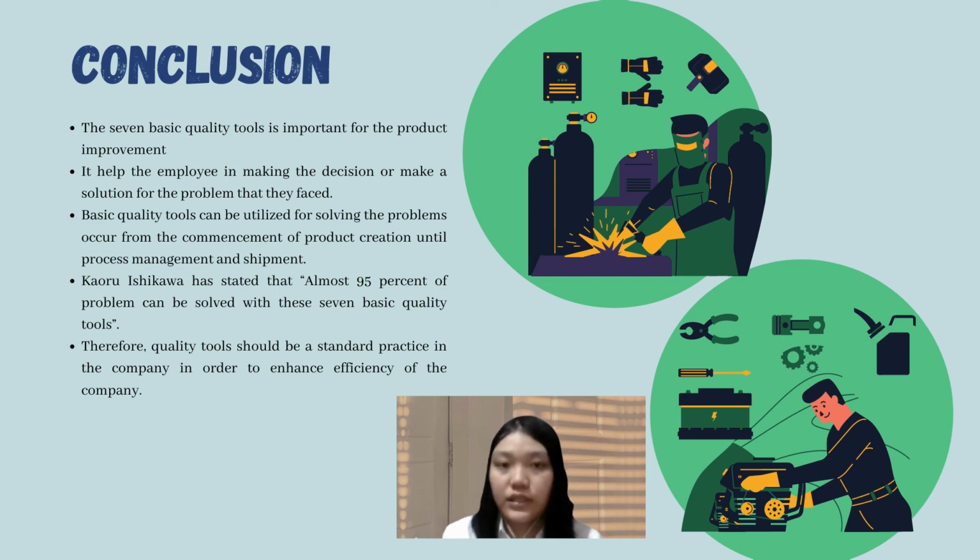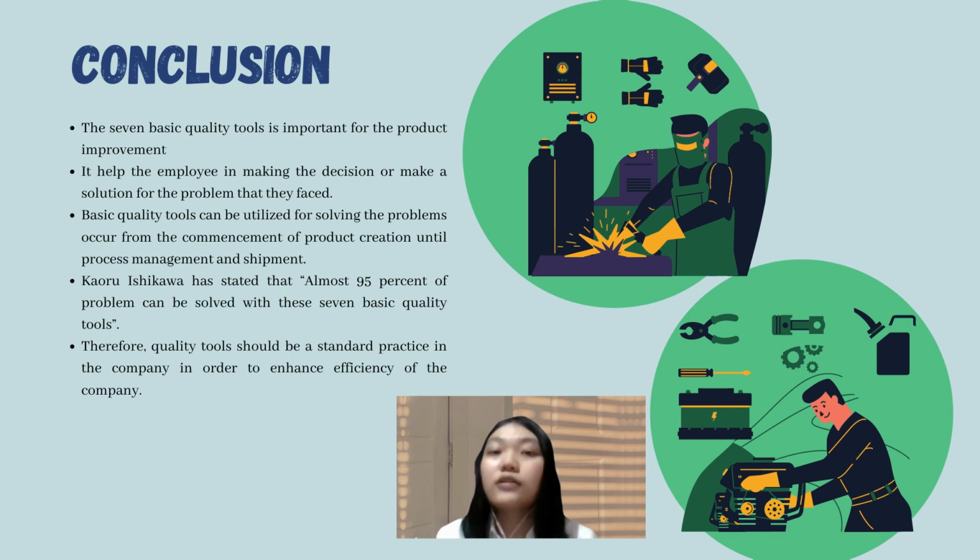In conclusion, the 7 basic quality tools are important for product improvement. This is because they can help employees make decisions or find solutions for problems. For example, the quality tools can be utilized for solving problems that occur from the commencement of product creation until process management and shipments.